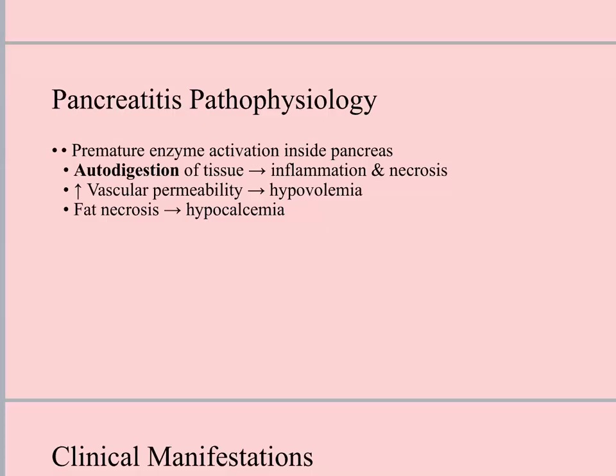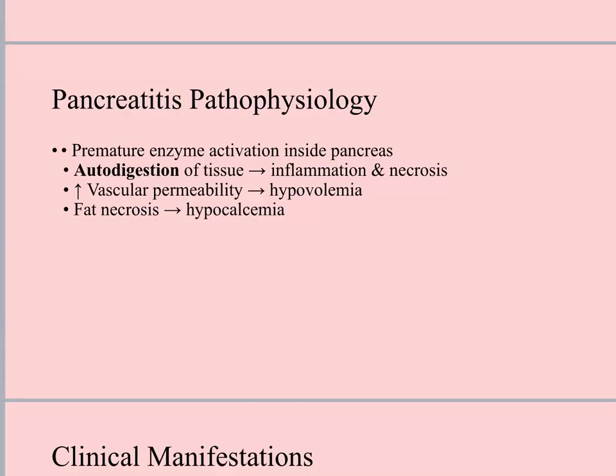With pancreatitis, if something makes those enzymes activate too early, such as a gallstone, alcohol, or a duct obstruction, then those little digestive enzymes are going to start digesting pancreatic tissue instead of doing what they're supposed to do and waiting for the intestine.